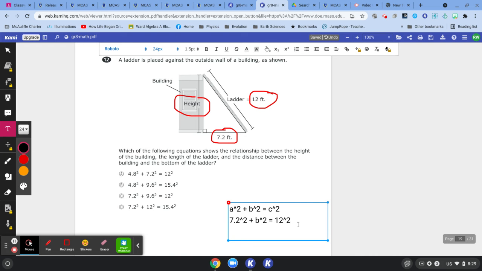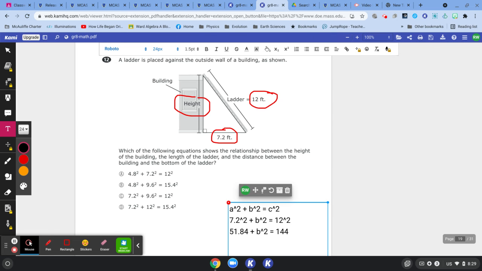So 51.84. Oh, it changed my point size. Interesting. Okay, let's try that again. 51.84 plus b squared equals 12 squared, which is 144. I need to subtract 51.84 from 144 and then figure out what b squared is.